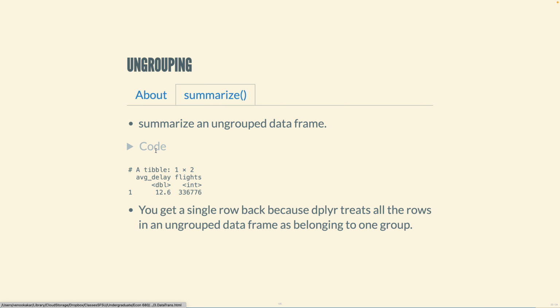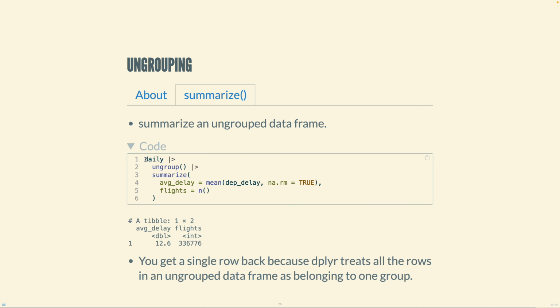And if you summarize it, using a data set that is already ungrouped, then it's going to tell you that the average delay, let's say we were trying to again understand what was average delay, the average delay for all of the flights together, right, which is 336,776 flights, was 12.6 minutes, right? So that's pretty good, right? There are obviously outliers in our data.